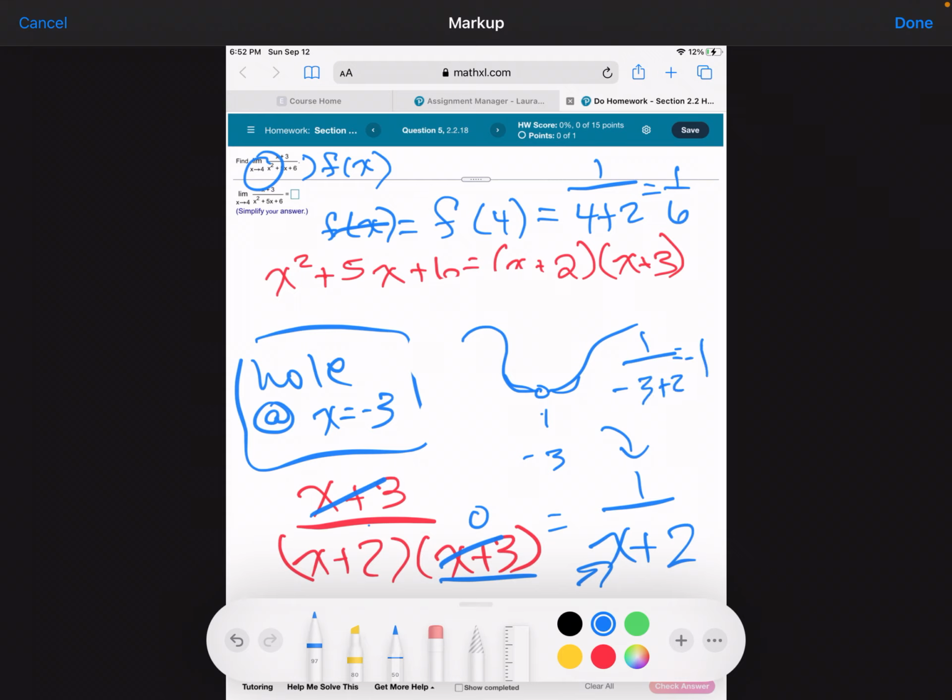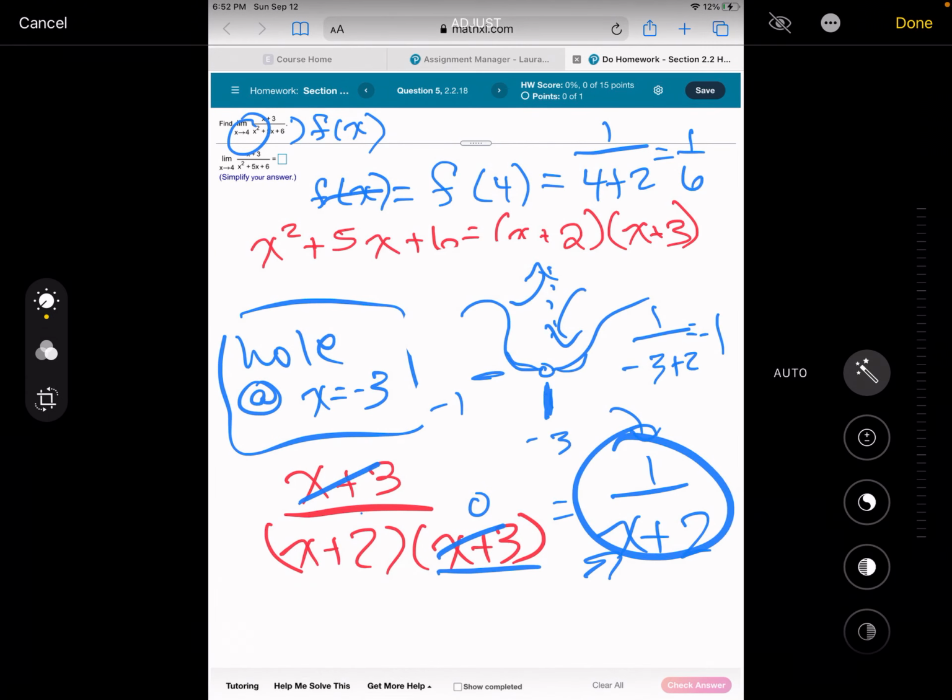Notice that's -1. So here at -3, it would actually have a limit of -1. At -2, it would not have a limit because that's an asymptote. What happens at asymptotes? You either go up or you go down. So there's no limit. All right, so that was 1 through 5, and we are going to stop.